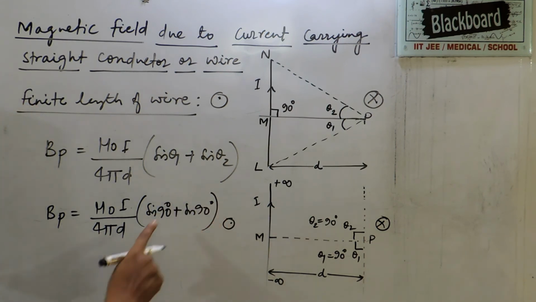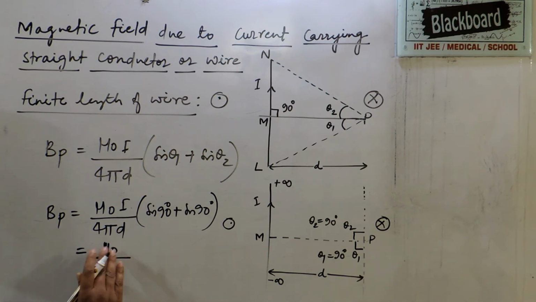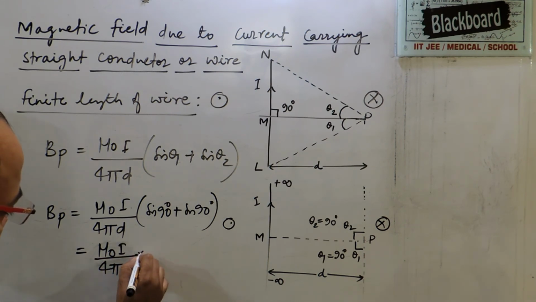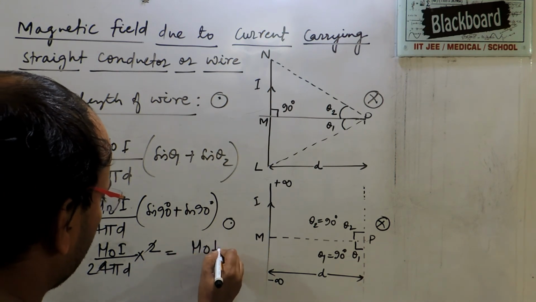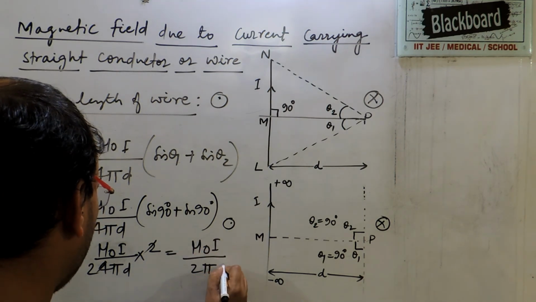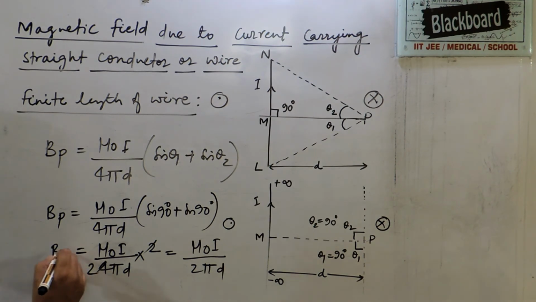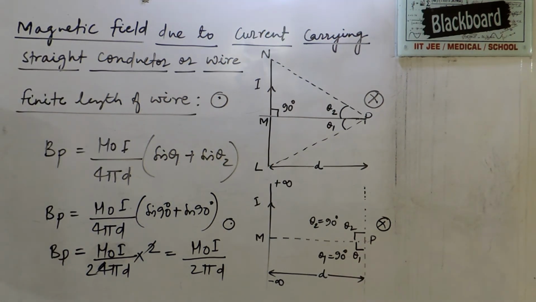Sine 90 is 1, that means 1 plus 1 is 2. So this is mu naught I divided by 4 pi d into 2. The 2 cancels, so the value will be mu naught I divided by 2 pi d, which is BP, the magnetic field at P due to a wire of infinite length.